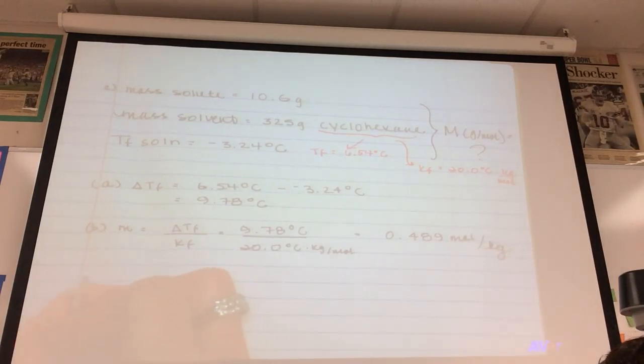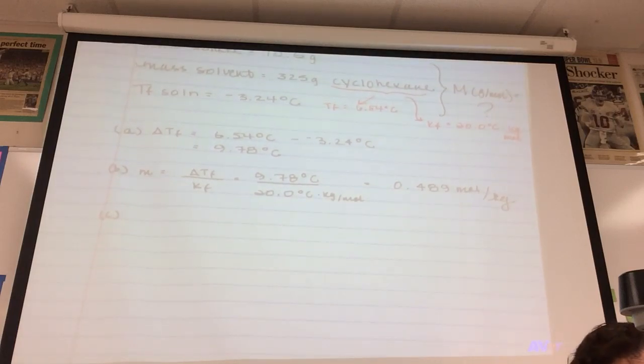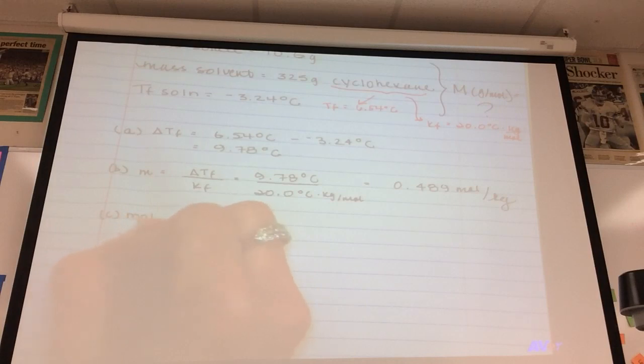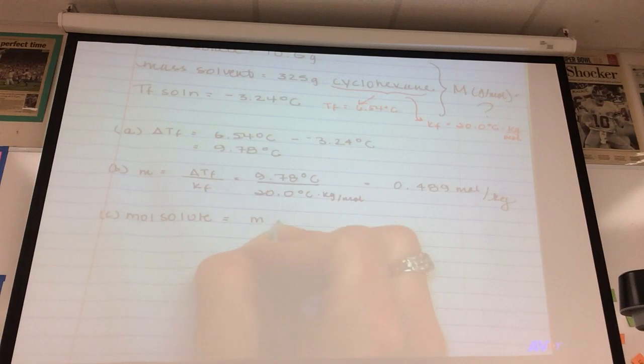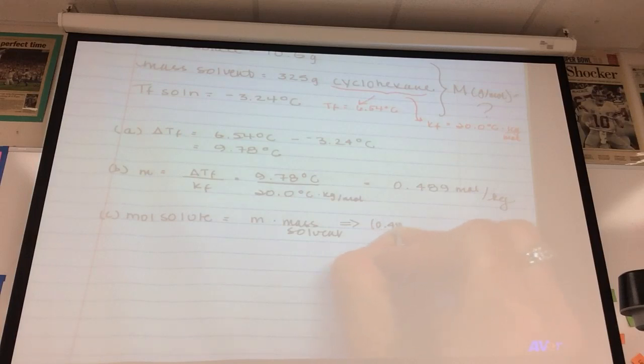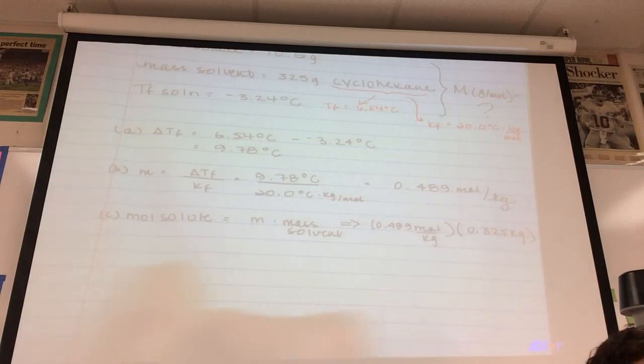What's the next step? We're going to get moles of solute, and what do we multiply? The molality by the mass of the solvent in kilograms. So we've got 0.489 moles per kilogram times 0.325 kilograms.